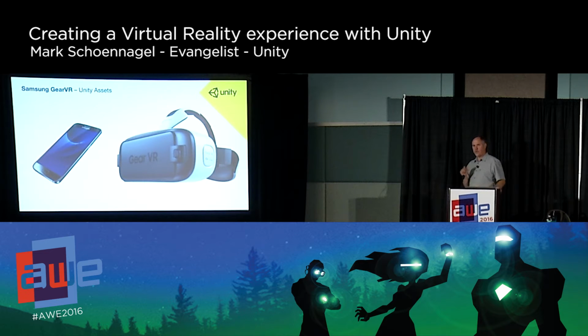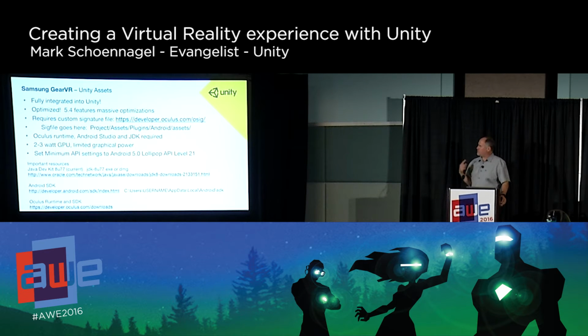So again, single-click checkbox. It's very similar to Google Cardboard because it uses the Android development kit. So you still need some of those things, but you don't need any kind of extra plugins. Everything is built in Unity, right from the core package. So you just basically click your build, make sure you're in Android, click the little virtual reality checkbox, and you're good to go. There are a lot of, I would say, restrictions when you're developing for Cardboard and for Gear VR.